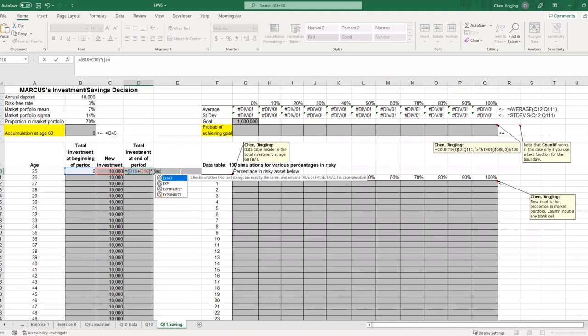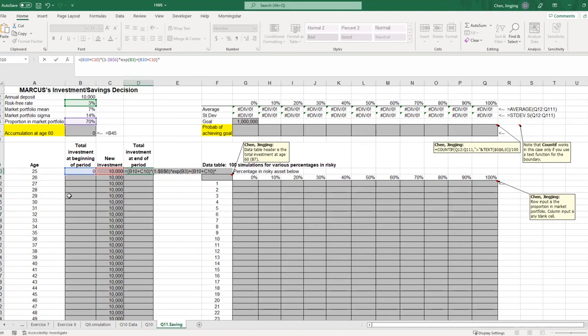And then we can do this first for the part that relates to bonds. So it's going to be 1 minus 70%, so invest 30% in bond, times EXP of 3. Next we need to add the proportion attributable to the market portfolio.